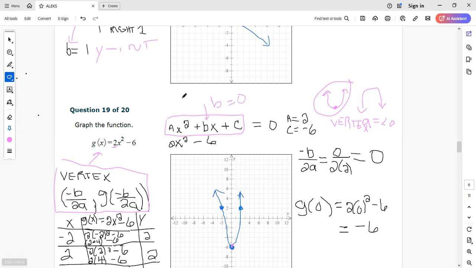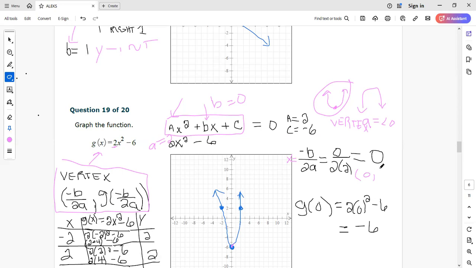Over 2a, our a term, right here, we see our a term is 2. So our a is 2, our b is 0. When we substitute those values to get our x coordinate, negative b over 2a, we have 0 over 2 times 2. 0 divided by anything is equal to 0. So this is our x coordinate, 0.